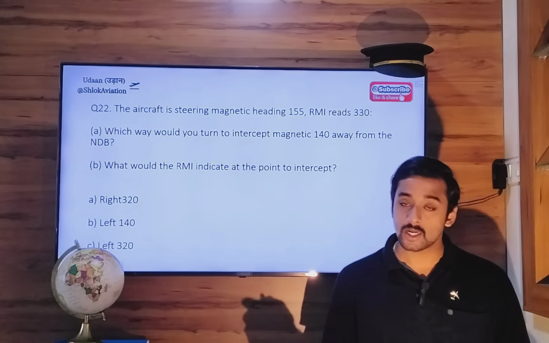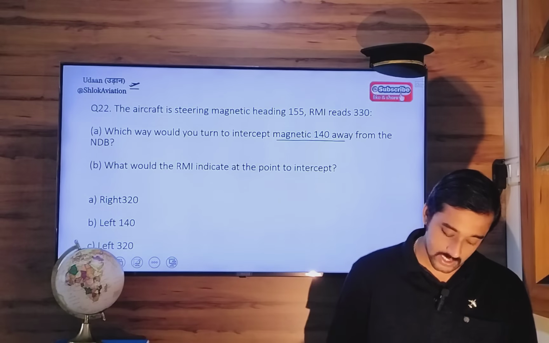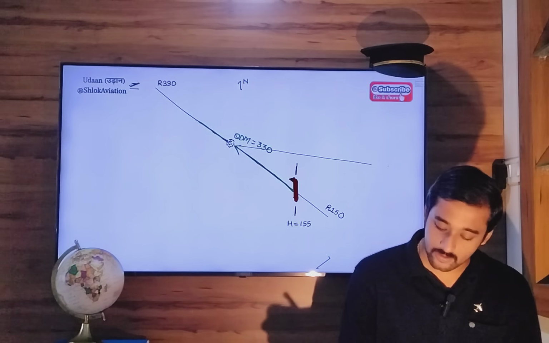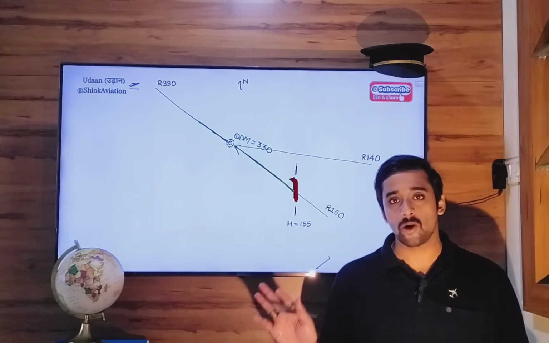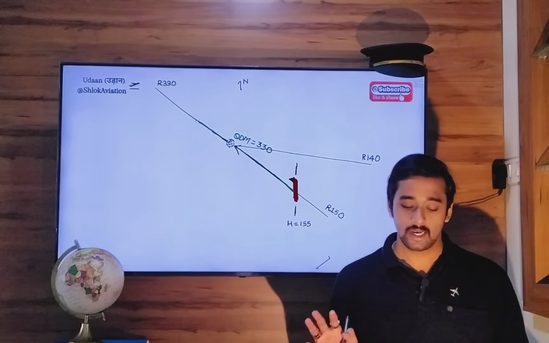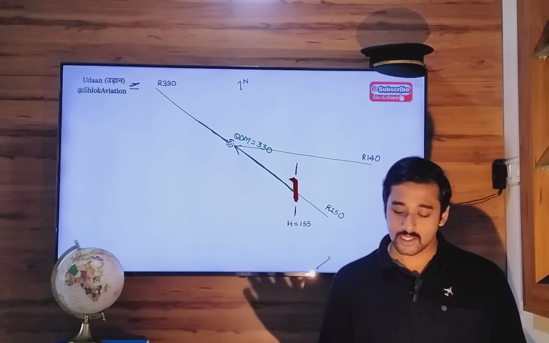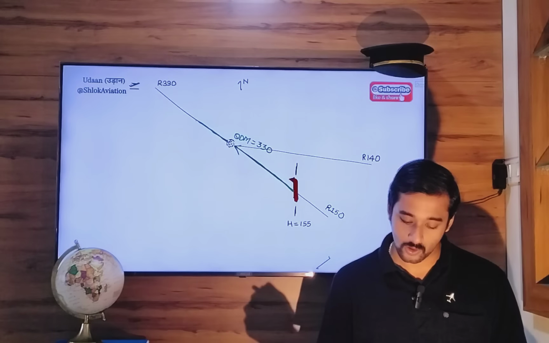Now the question states: Which way would you turn to intercept magnetic track 140 away from the station? Now magnetic track 140 will be this track. I am writing it R140, radial 140. I know that NDB stations do not transmit radials, but still, just for simplicity, it's track 140 or radial 140.